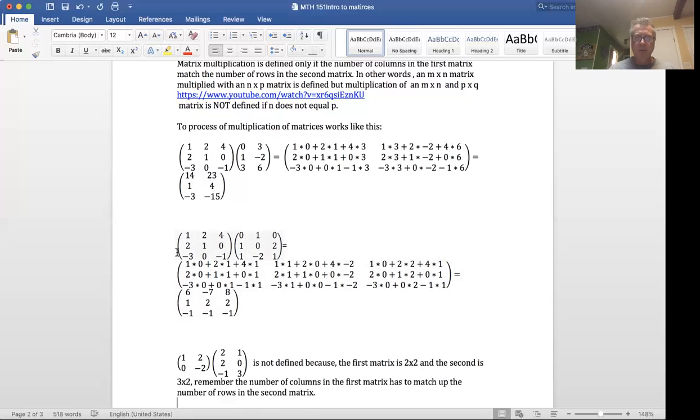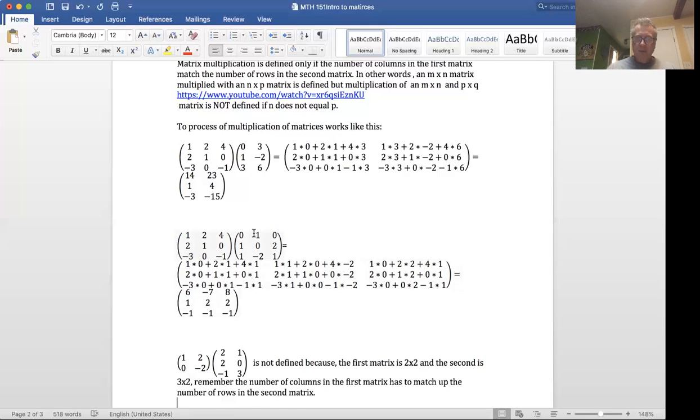Just to be clear, I'm going to take the first element times the first element. That goes here. Second element times second element in that first column. That goes here. Third element in the first column and third row goes here.